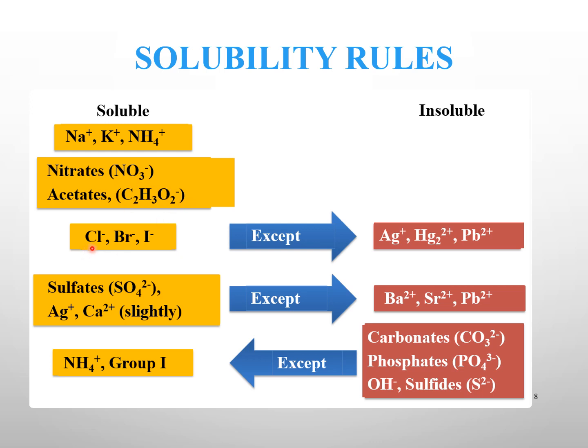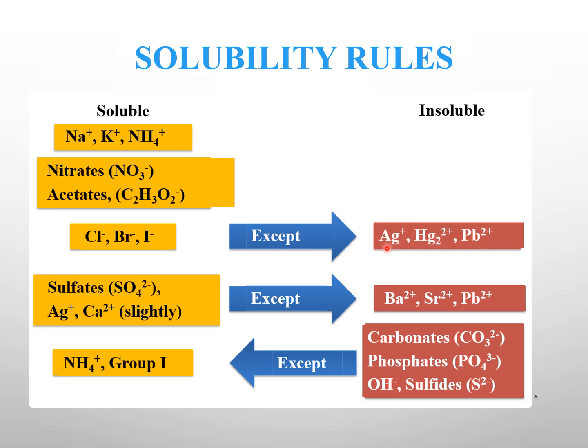Now, when it's paired with Cl minus, Br minus, or I minus, like PbCl, AgCl, or BaCl2, MgCl2, anything with chlorine, bromine, iodine, the anion form of it, usually is soluble unless you pair it with silver, mercury, or lead.